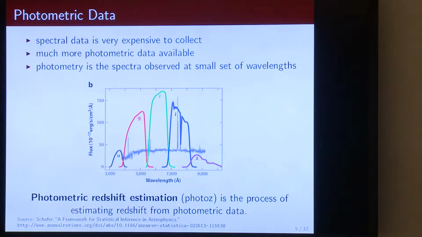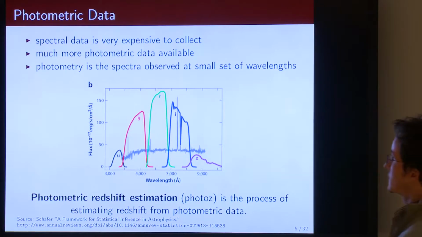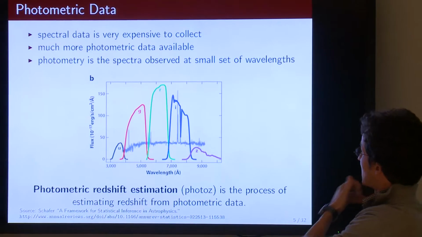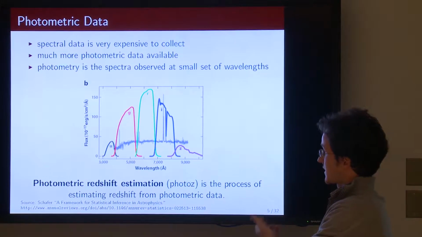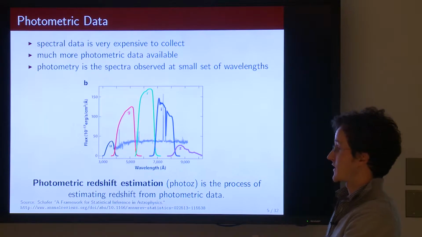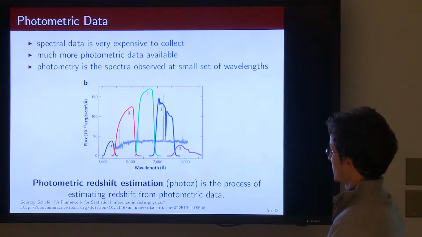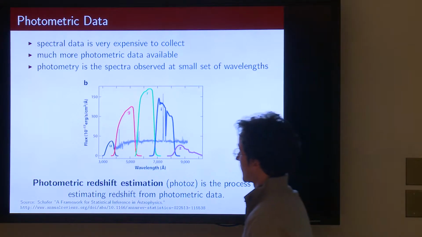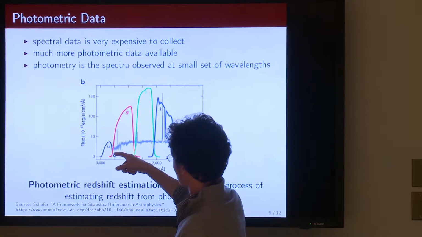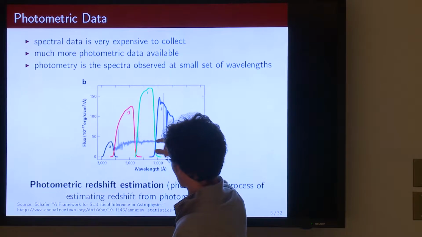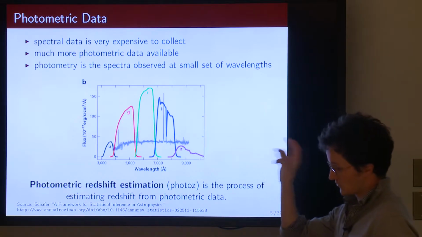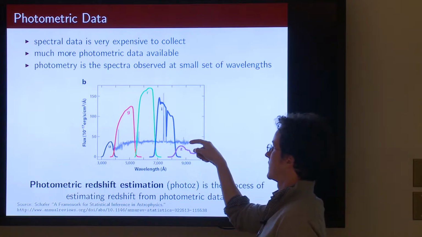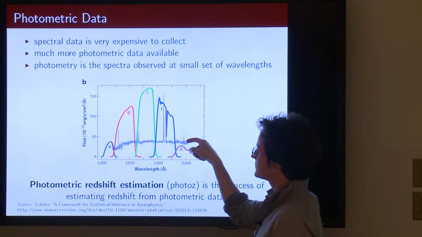So what is photometric data? Photometric data is essentially the spectra observed at a set of wavelengths, or integrated across a set of wavelengths. Here's an example where there's an object which has this blue kind of spiky line spectra. If we have a spectrograph, we would observe this blue line.